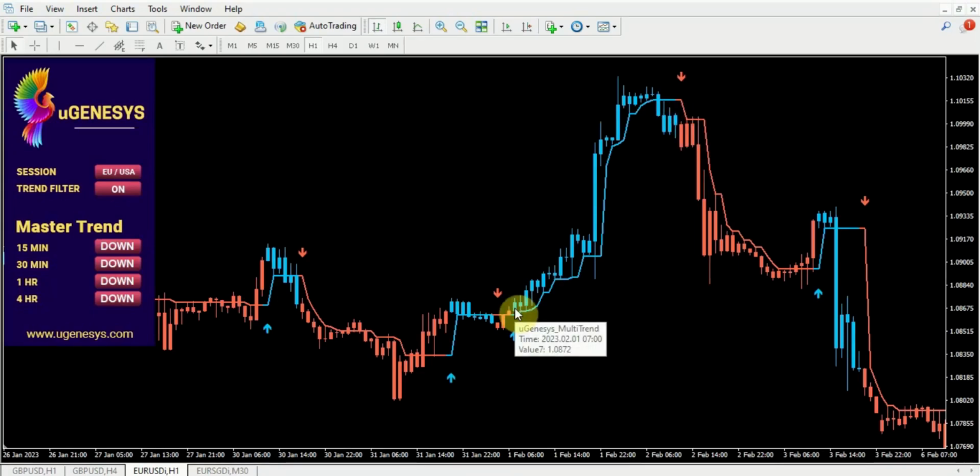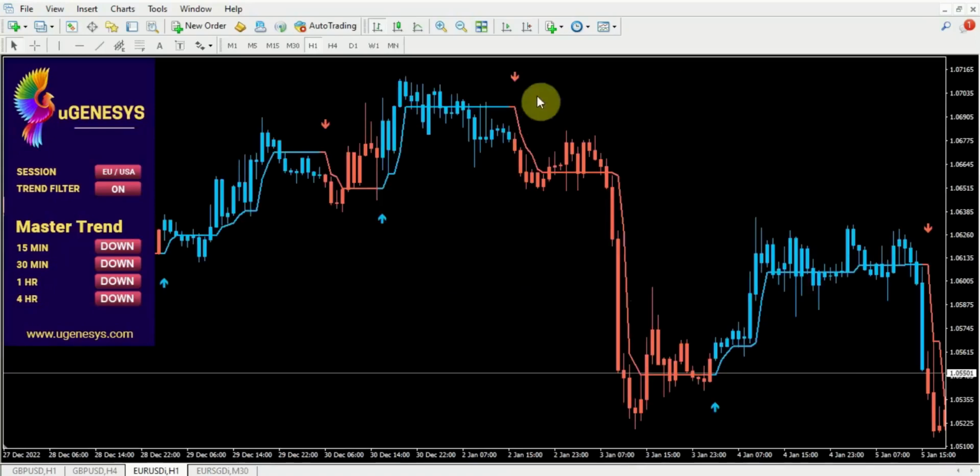That's a great uptrend right here. And here we have another bearish alert, and we see our downtrend. This one opened with a value of 1.0672 and went all the way down and closed out here at a value of 1.0545. So that is a movement of 127 pips right there.